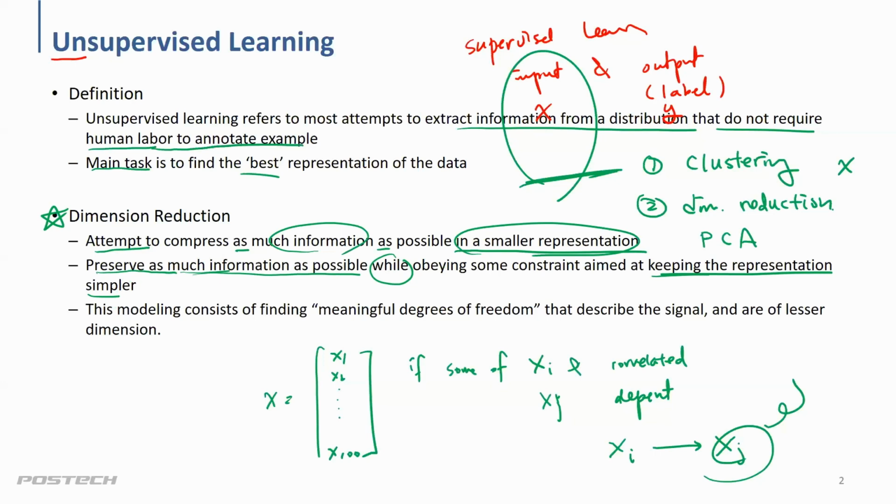With a smaller number of representations, we can avoid overfitting as well. These are different phrasings describing dimension reduction. Modeling consists of finding meaningful degrees of freedom that describe the data or signals, with lesser dimensions. That's what dimension reduction is about.